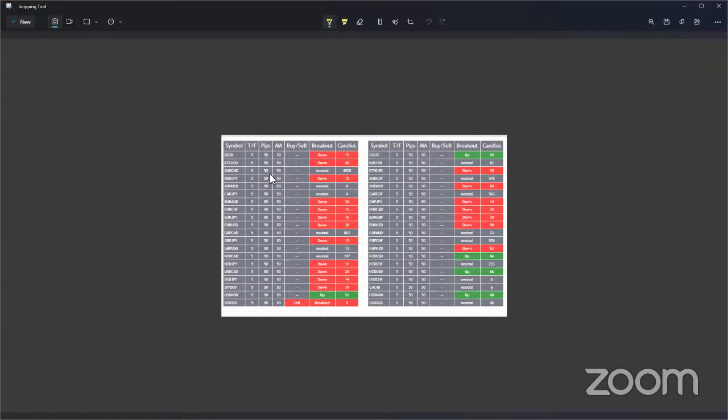I need to think about who will have access to this, but definitely the people who subscribe to indicators will have access to this. So I'll be sending a screenshot of this every day. Of course, people who've subscribed anyway, but at the very least, people who've subscribed to indicators will have access to this.